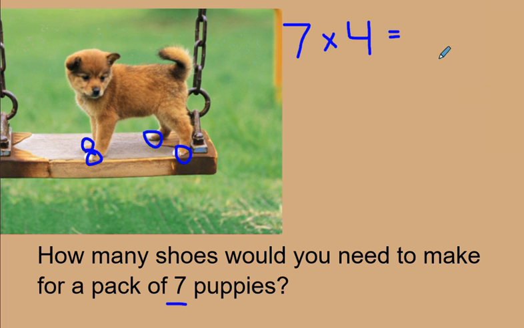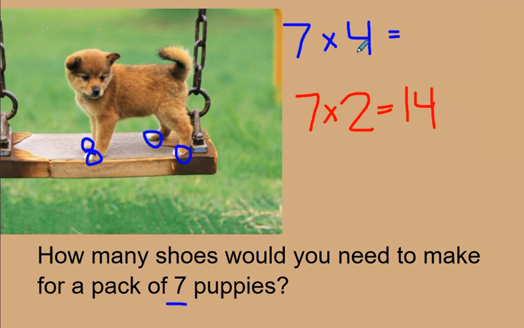Okay. Whew. Now, what if you're not very good at counting by 4? This is where you can think about what we learned yesterday. What if I know 7 times 2 is 14? Okay.